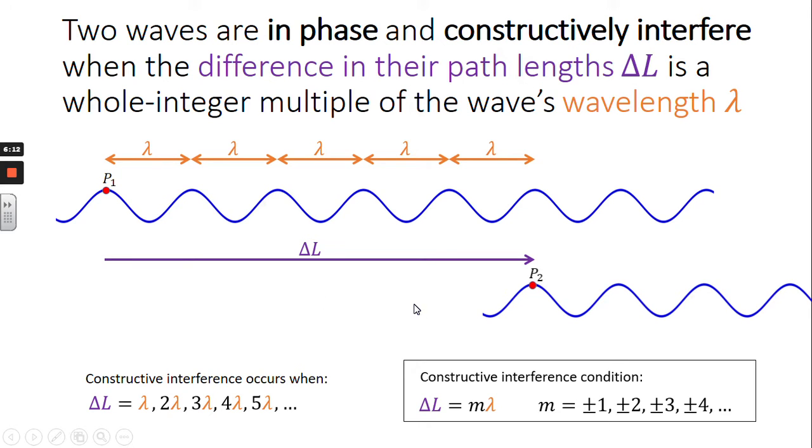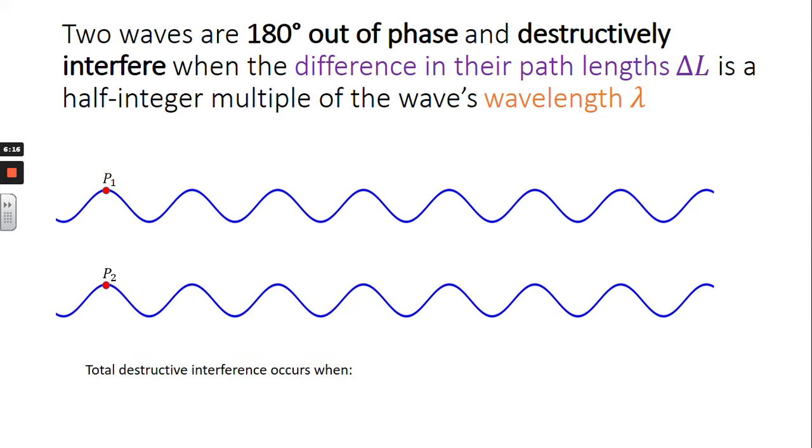What about destructive interference? 2 waves are 180 degrees out of phase, and they destructively interfere when the difference in their path lengths, delta L, is a half integer multiple of the wave's wavelength lambda. What do I mean? As shown right now, we would get constructive interference because the waves line up.